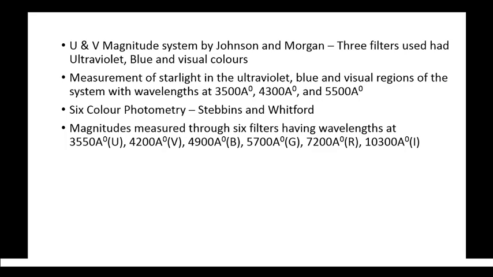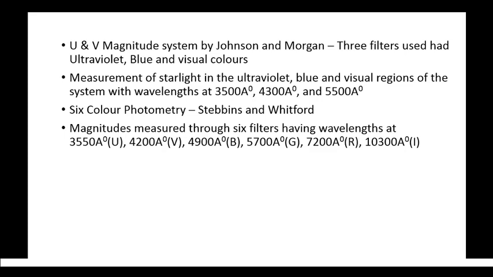Or we can say that this system, that is the UBV magnitude system, helps in the measurement of starlight in the ultraviolet, blue as well as visual regions of the spectrum. Johnson and Morgan used 3 filters, and using these we know that the starlight coming from the star is of different wavelengths, isn't it?